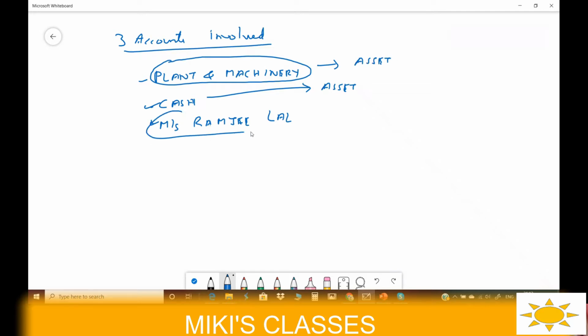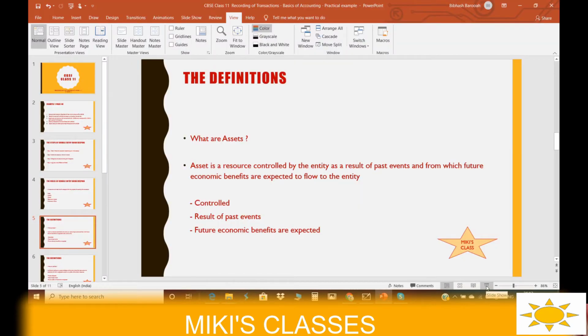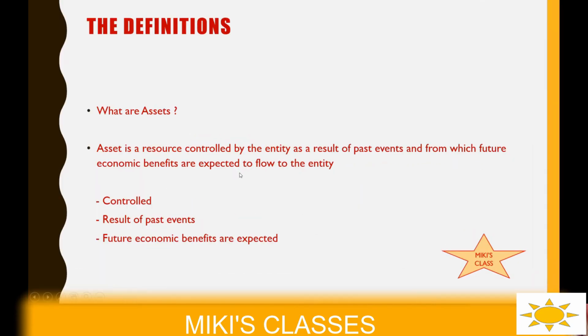How about this now? Ramji Lal. Let's again go back to the definition. Ramji Lal. So we have to make a payment to them. So let's check here. Is Ramji Lal's account controlled by our business?